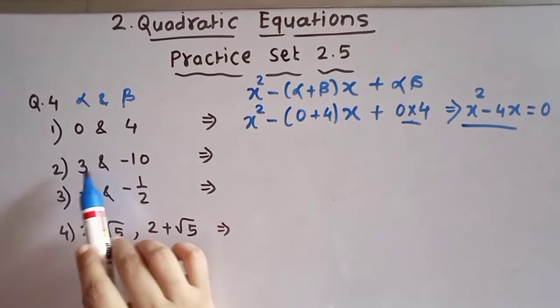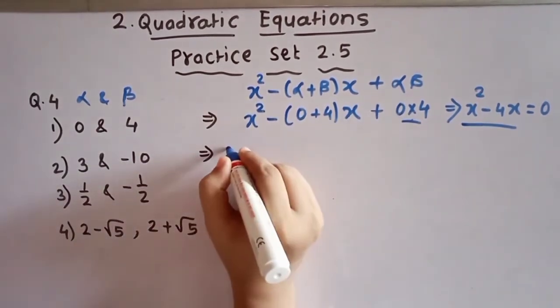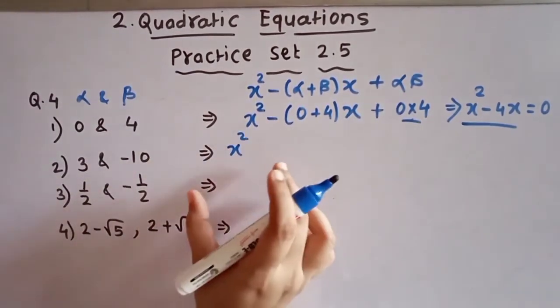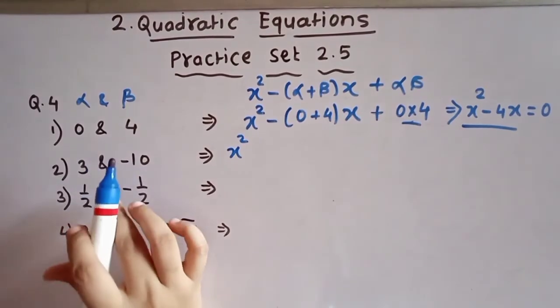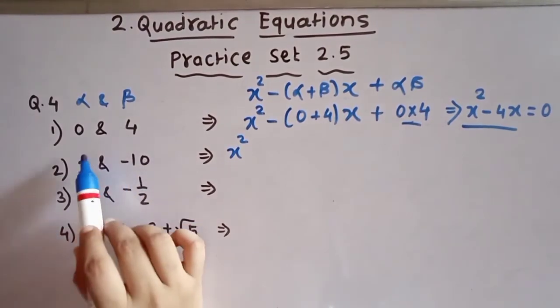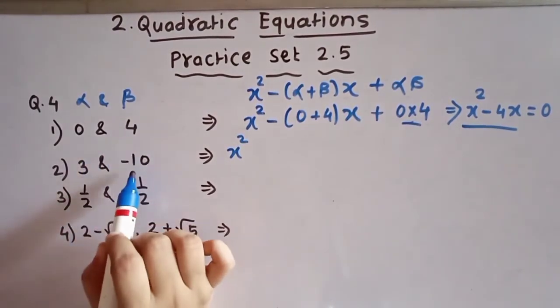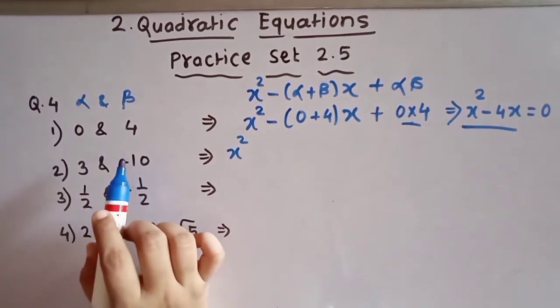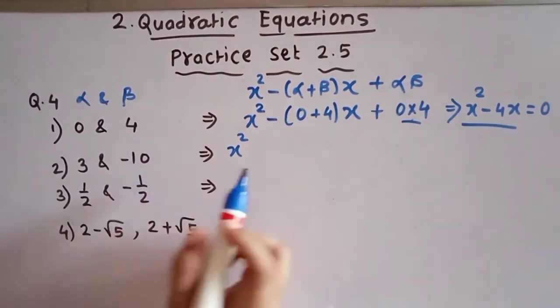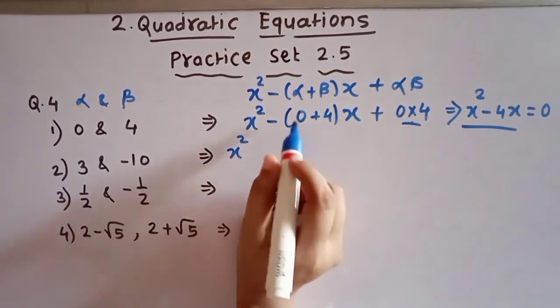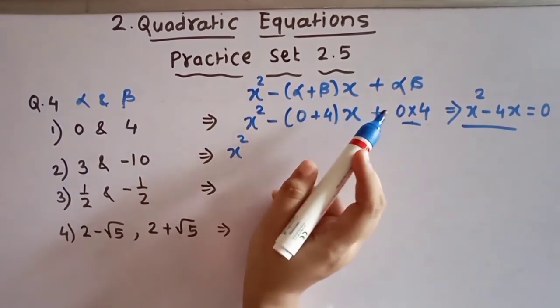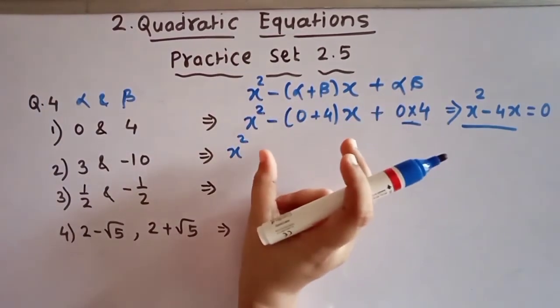Now see, 3 and minus 10. First repeat the steps. Let alpha is equal to 3 and beta is equal to minus 10. Therefore the required quadratic equation is x square minus (alpha plus beta) times x plus alpha beta is equal to 0. You have to write these steps every time.